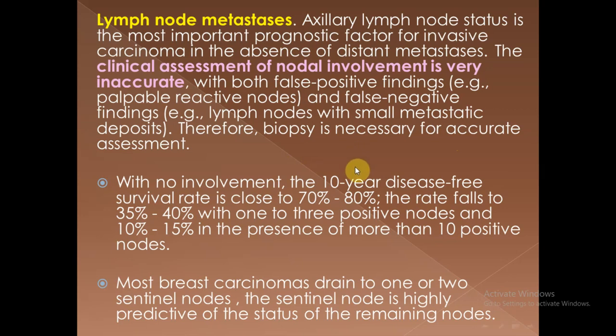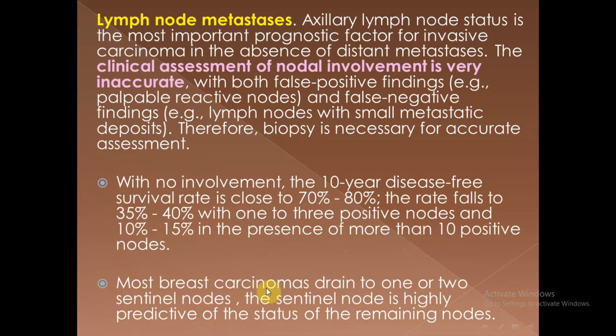Here, the 10-year survival for a patient with no lymph node involvement is about 70 to 80%, and if there are 1 to 3 lymph nodes involved, the survival will fall to 35 to 40%, and the 10-year survival is 10 to 15% if there are more than 10 positive lymph nodes.